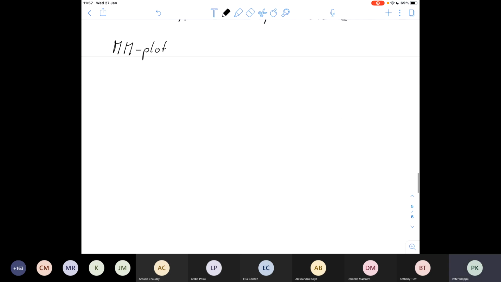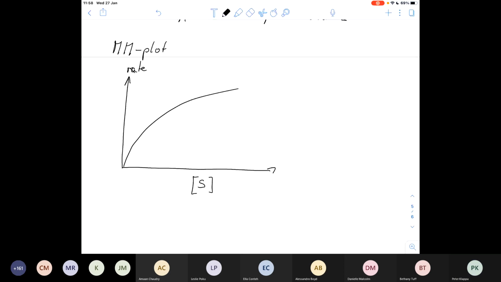So in a way, what we could do in order to find this Km is we can do our measurements. We get the plot here, and then we can just simply say, right, let's see what is our Vmax. So let's say that's here Vmax. And all I need to do is find half of Vmax.